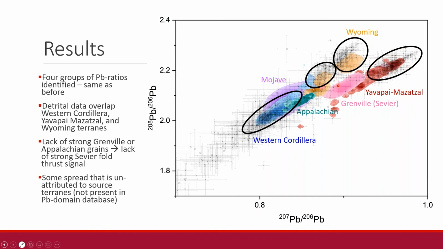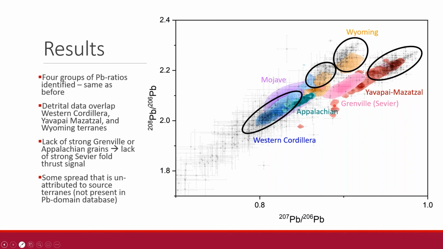There are a few sprinkled here and there that overlap with what we would call the Appalachian, the Grenville, some in this Mojave. But for the most part, our data are concentrated over the Western Cordillera, the Wyoming, and the Yavapai Mazatzal terrains. We don't see a strong Grenville or Appalachian signal, which leads me to believe that there's a lack of this Sevier fold and thrust belt recycled signal.